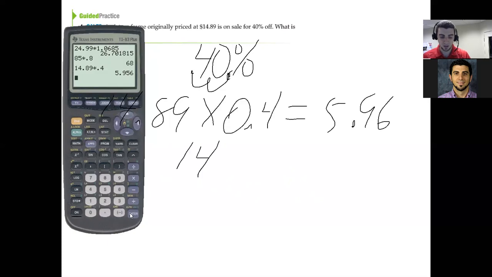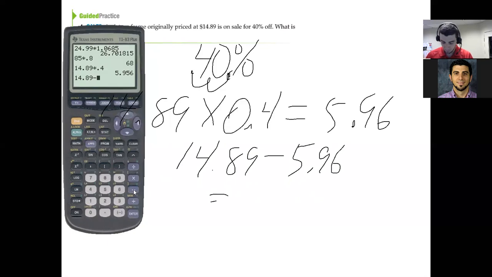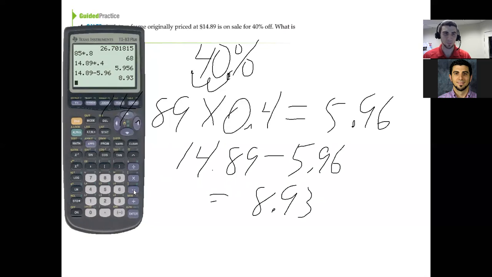So 14.89 minus 5.96 equals 8.93. Now remember, this is the cost. This is the sale price.